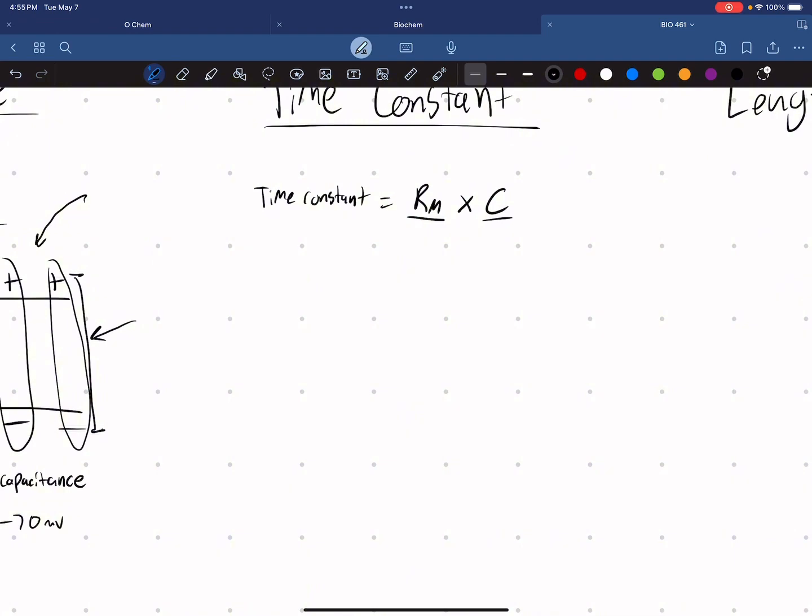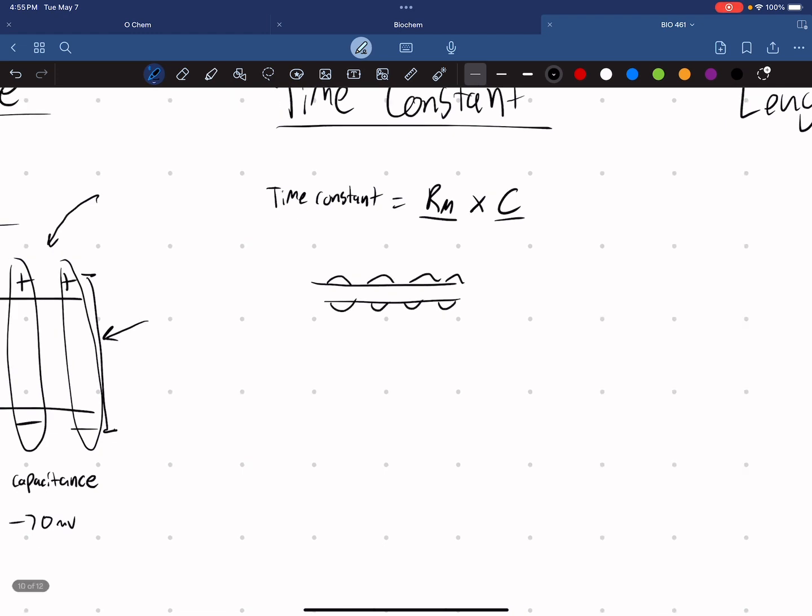So if we take a neuron here, and let's say that it's myelinated, this myelin is going to increase this membrane resistance because it's harder for ions to travel out of the cell, because they cannot pass through the myelin.